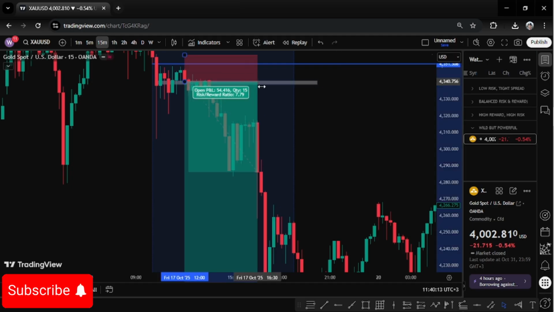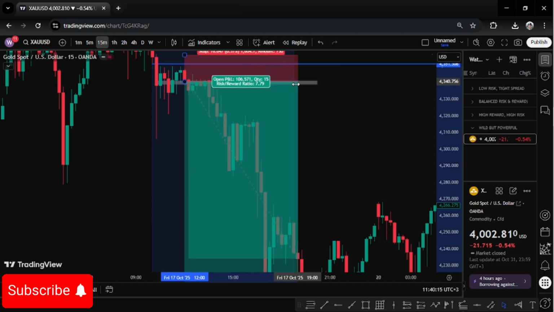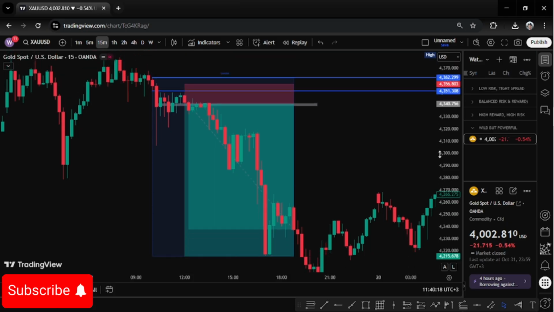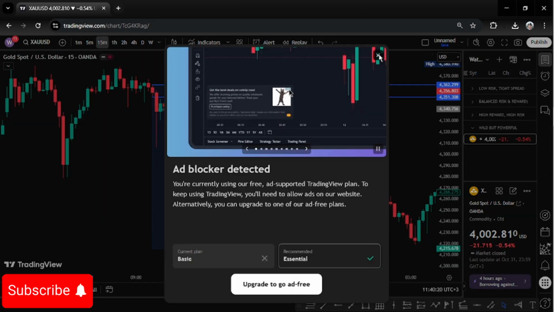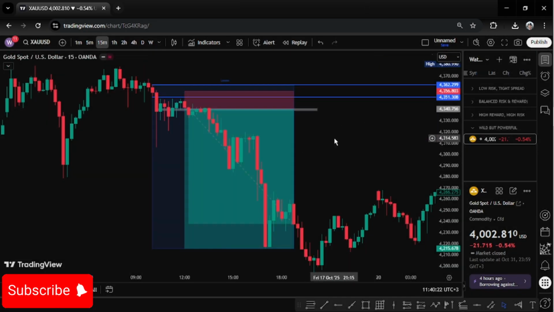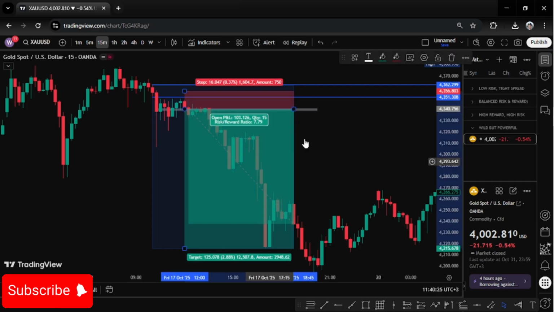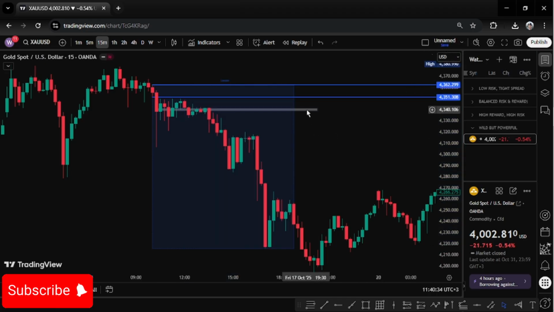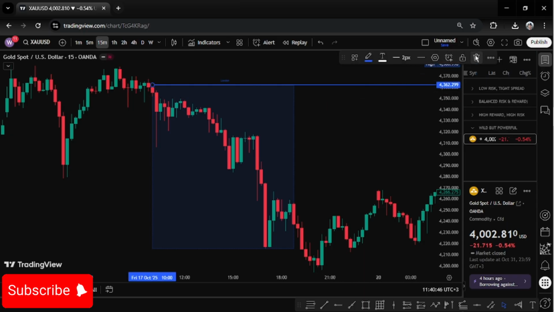Okay, and the stop loss we just placed right above our highlighted close of the 15 minutes candle. Okay, and then we targeted the lows of the previous daily candle close. Okay, and as you can see guys, it played out nicely.